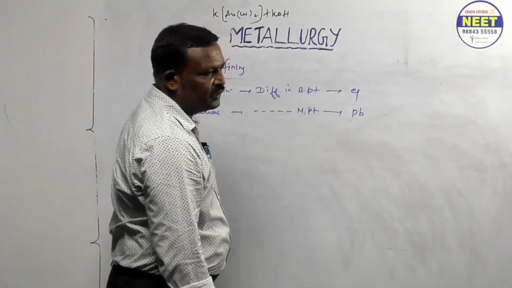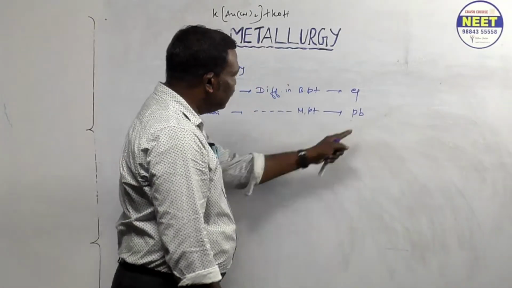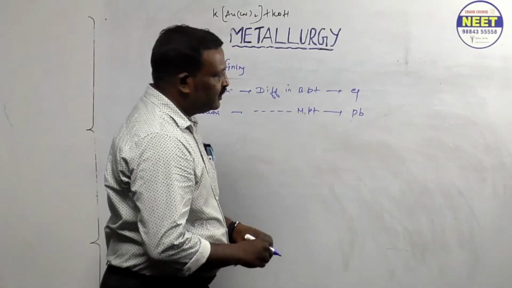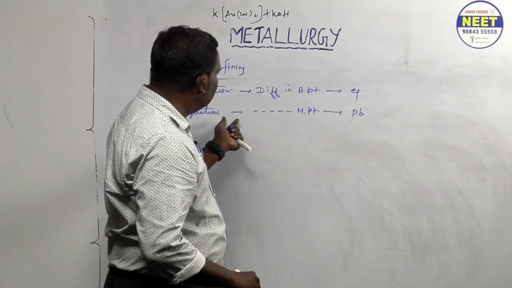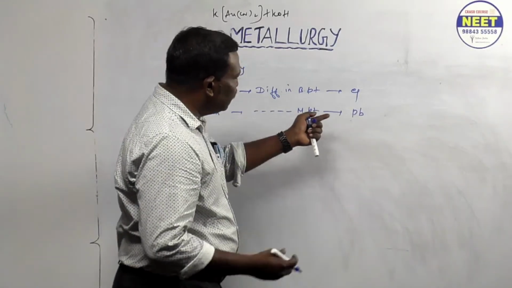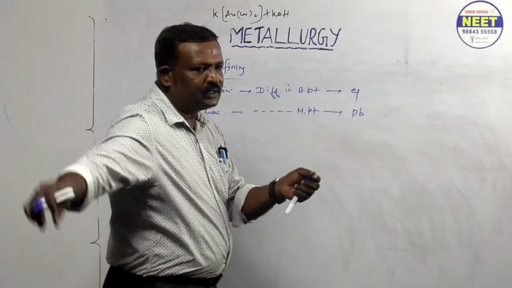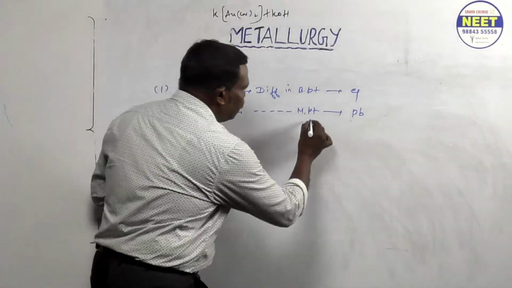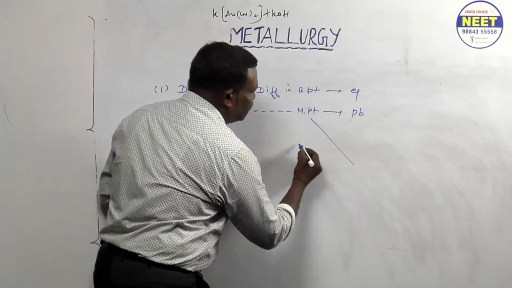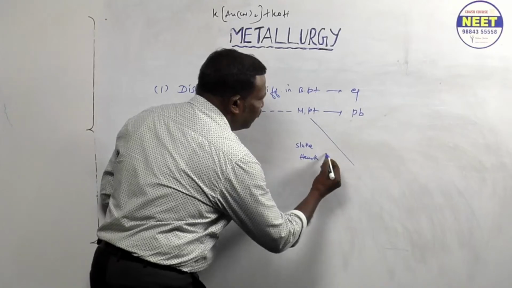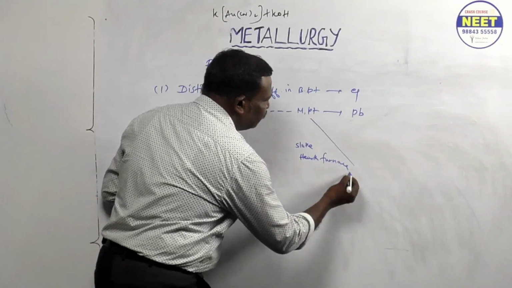After lead is extracted and separated, some other metal is also present with the lead. So in liquefaction, if you melt the metal, those metals having low melting point will come down. It melts and comes down in the sloping earth furnace.